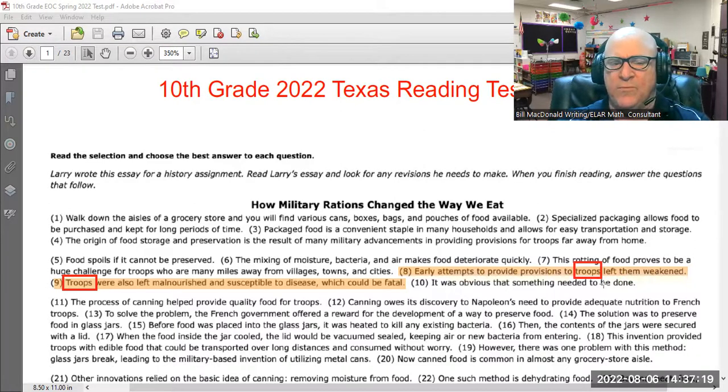So because of those things happening, they're saying on that last detail, which could be fatal. So whenever you have a comma, it's important that you understand this. You have a comma towards the end of a sentence. If you say which could be fatal, what you're just saying is we're just adding information to something that we've already told you, which could be fatal.